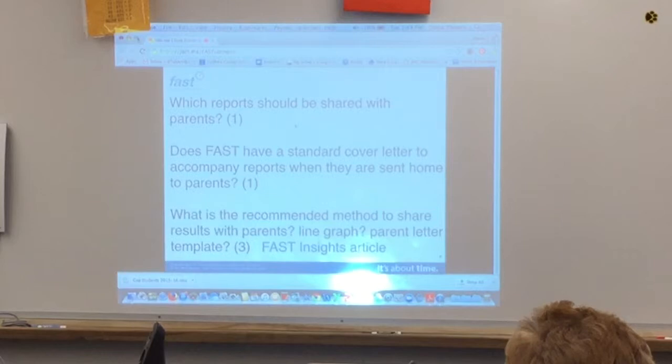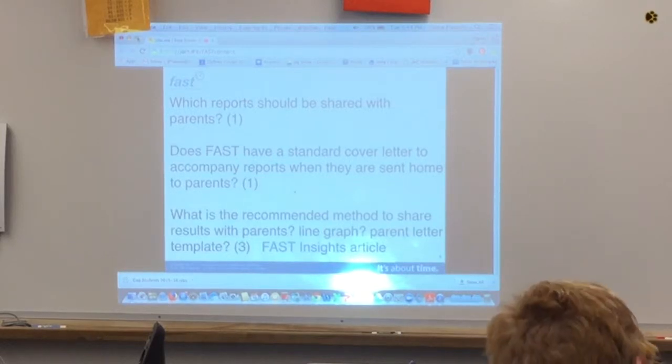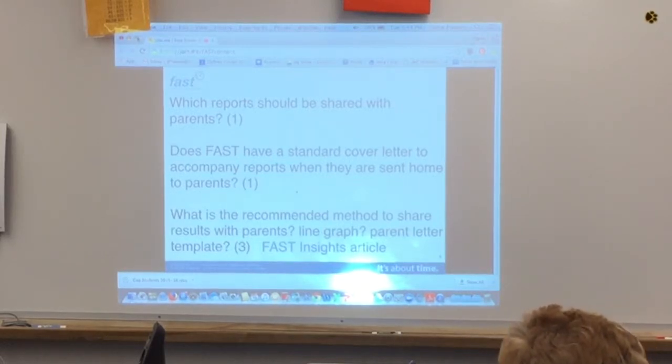And it's the individual benchmark report, the one that has different colors of pink. Does that ring a bell to you? Yeah. Okay. And then there's a student at a glance report as well, which is not as easy to understand, but that would be a possibility as well.